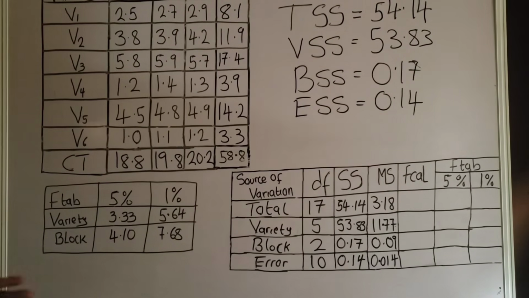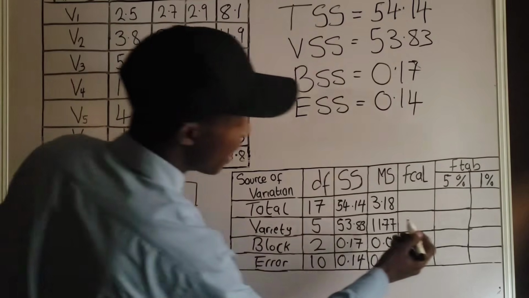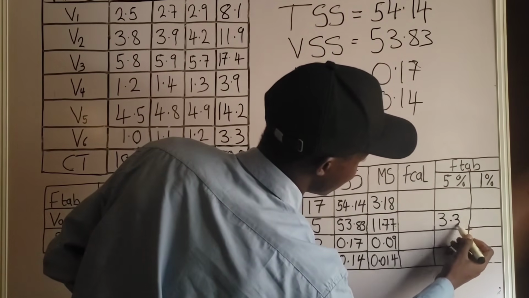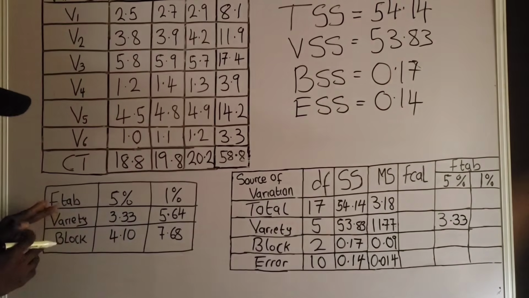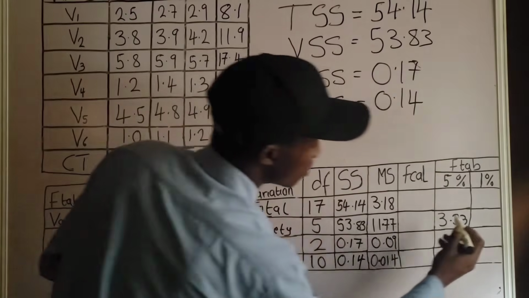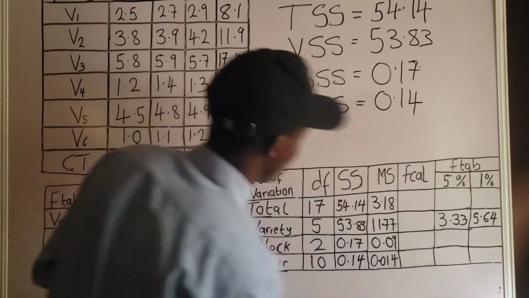Don't forget that from the question, they are giving us that the F tabulated of variety at 5% is 3.33. So the value of this cell is 3.33. And F tabulated of variety at 1% is 5.64. So the value of these cells is 5.64.